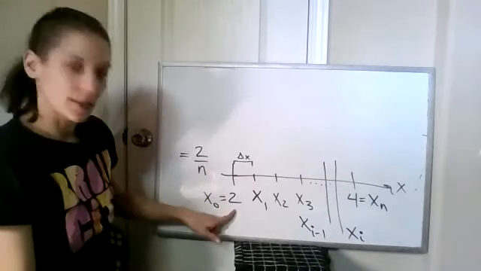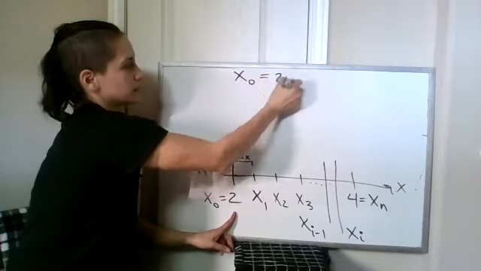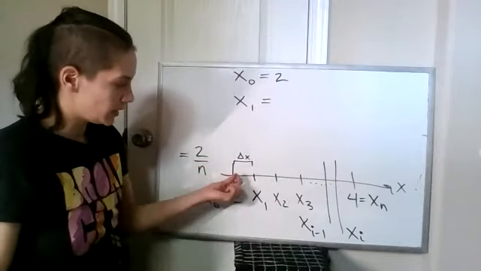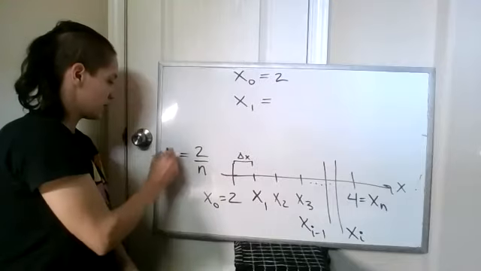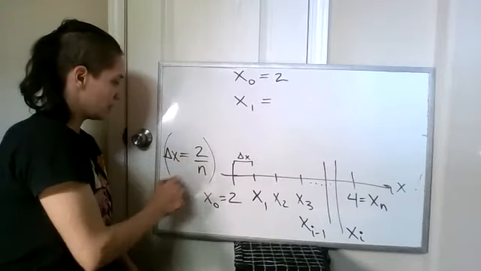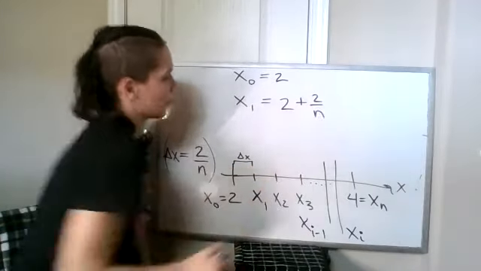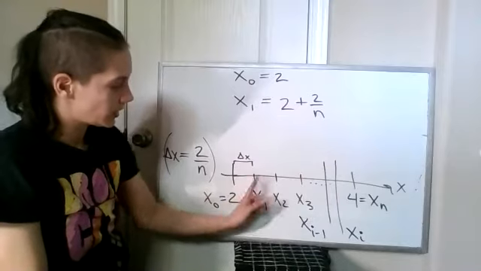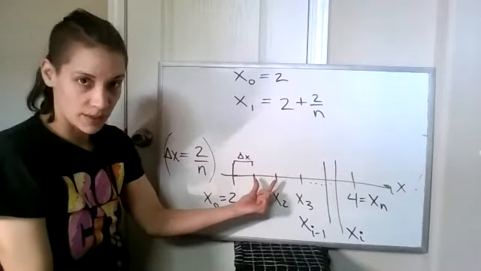So x naught equals 2. The next one, x1, is 2 plus 2 over n. x2 is 2 plus 2 over n and another 2 over n.